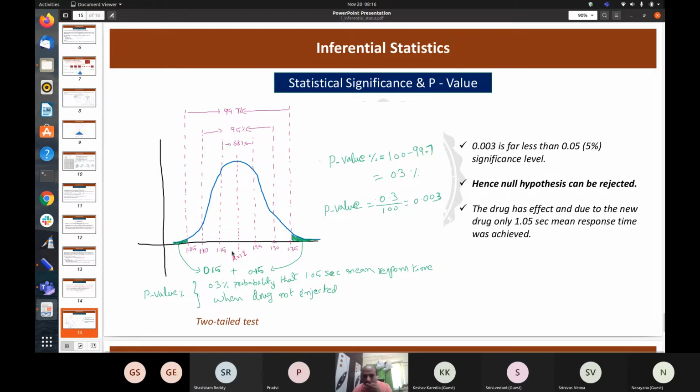What is this one standard deviation? 68% of my experiment outcomes. What are the experiments? Mean response times of the rats when only stimulus was injected.